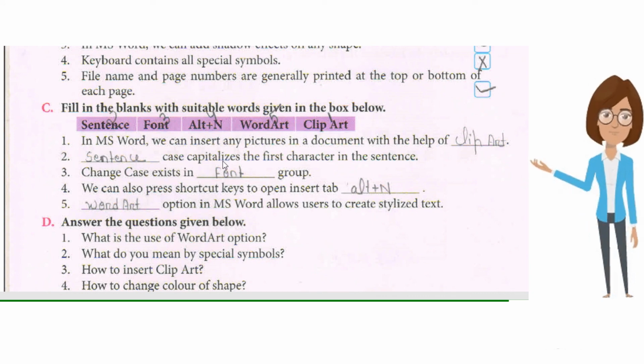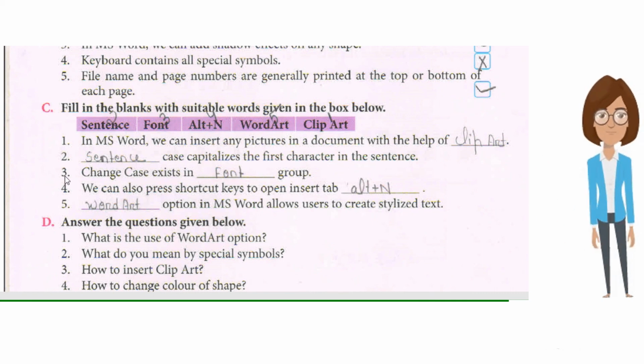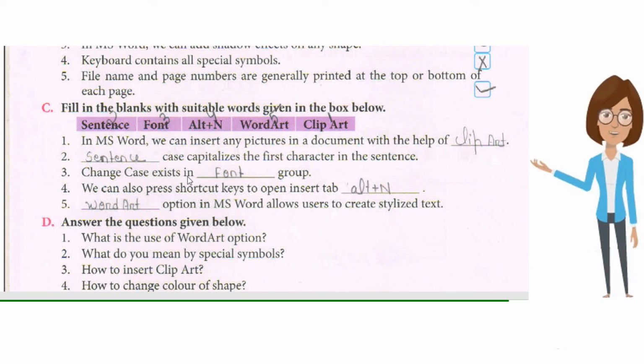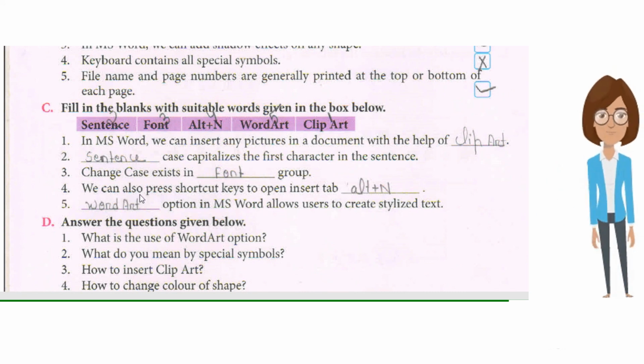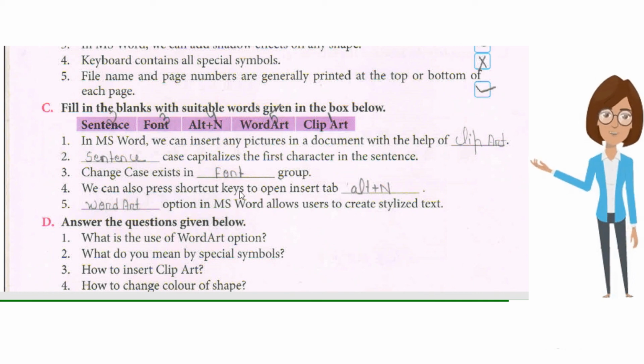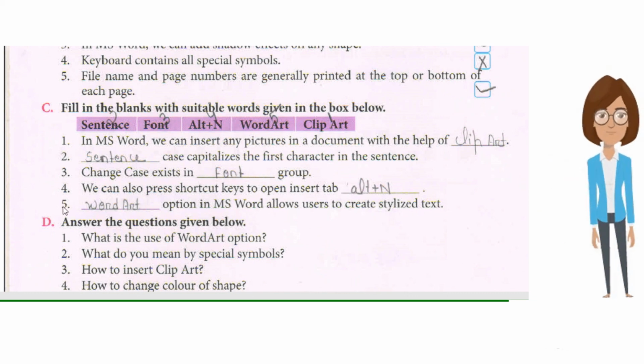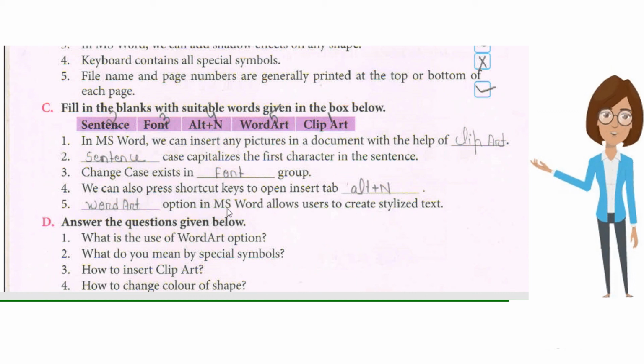Dash case capitalizes the first character in the sentence. 3. Change case exists in dash group. Font. 4. We can also press shortcut keys to open insert tab, dash alt plus n. 5. Dash option in MS Word allows users to create stylish text, word art.